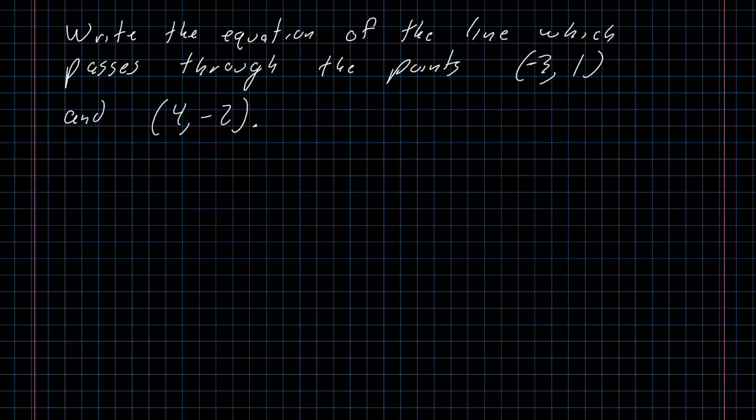Write the equation of the line which passes through the points -3, 1 and 4, -2.